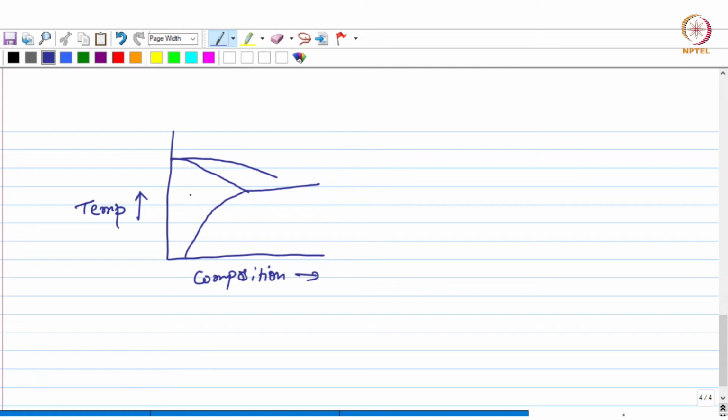So this is the single phase field alpha, where alpha is the solid solution of the parent metal with the solute atoms that you have, right?